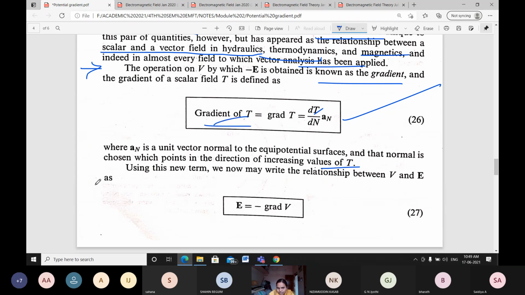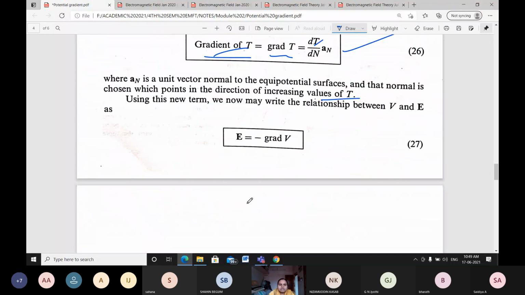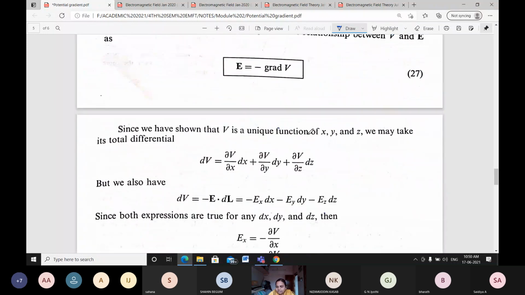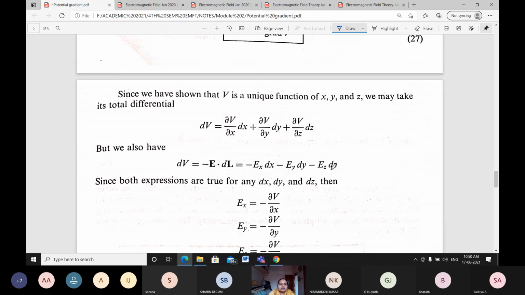Instead of T, I can use E, which is equal to minus grad of V. Observe here, grad of V is related to E. Then, since we showed that V is a unique function of x, y, z, the total differential dV is equal to dou V by dou x dx plus dou V by dou y dy plus dou V by dou z dz.